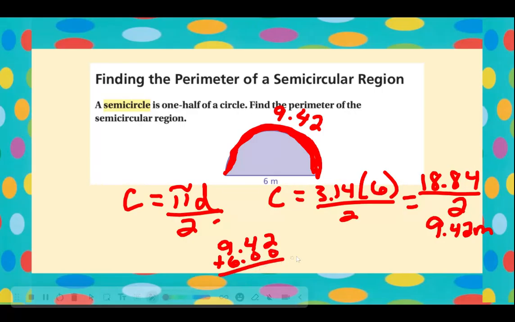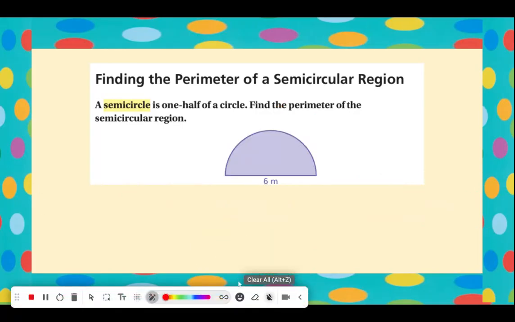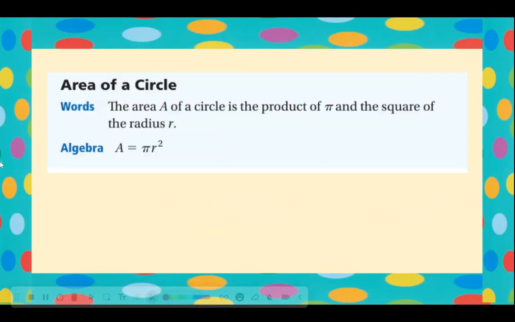Okay, so we have 15.42 meters is the circumference of that semicircular region. Okay, the perimeter of the semicircular region. So 15.42. So don't forget we have to add that last part to it, which is adding the 6. Great job.